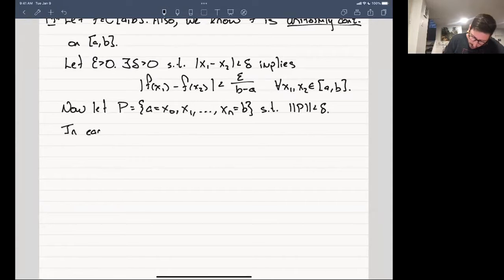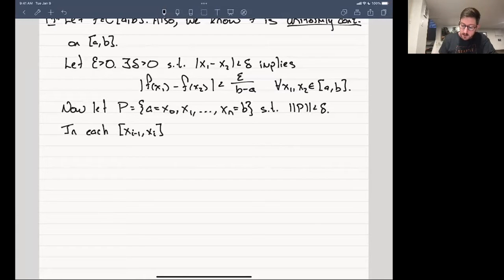in each subinterval, so each subinterval x_{i-1} to x_i, any point that is chosen inside this interval is within delta of any other point in that interval, right? That's what the mesh tells us. The mesh says that this is less than delta. So each subinterval has length less than delta.